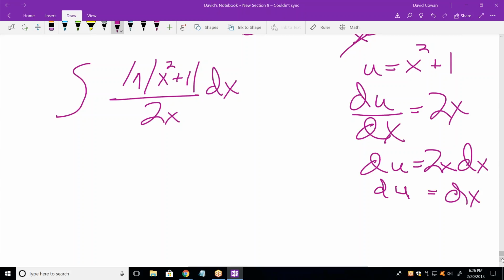No, this is not the example I was looking for. This would have worked if that 2x would have been up here. I can't think up a problem where it needs to be in the denominator. This is not it, but it's close.